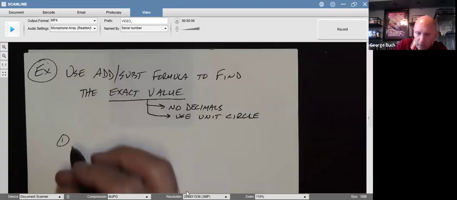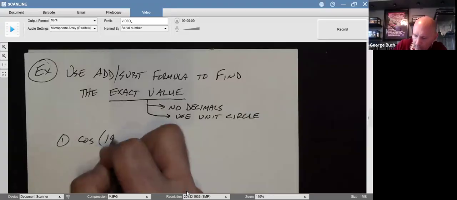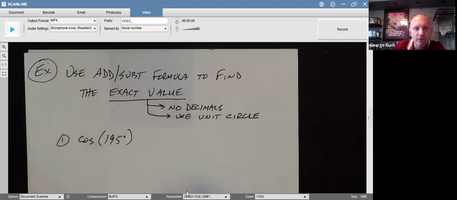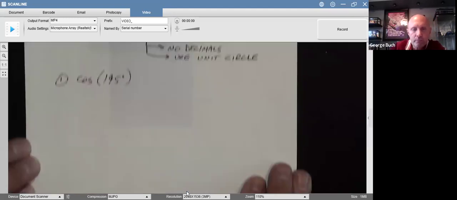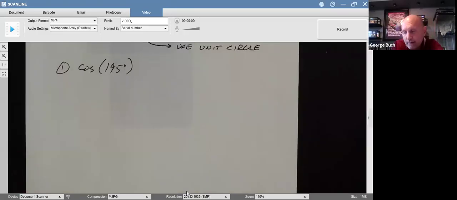Let's say we want cosine of 195 degrees. We can break this up, either adding angles together or subtracting. I could do 200 minus 5 if I wanted, but that doesn't really help me, because I don't have 200 and I don't have 5 on my unit circle.